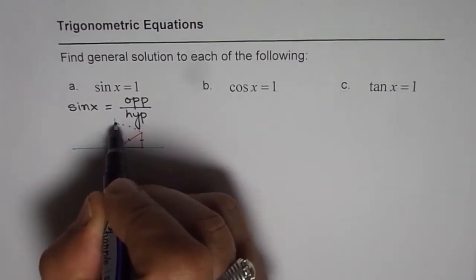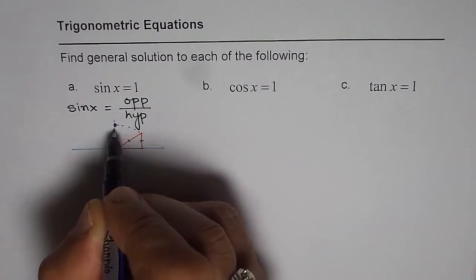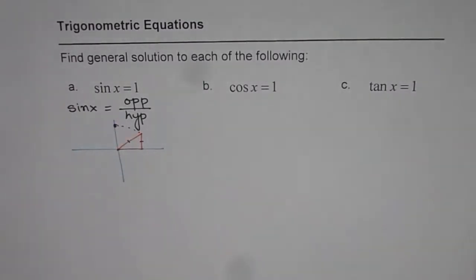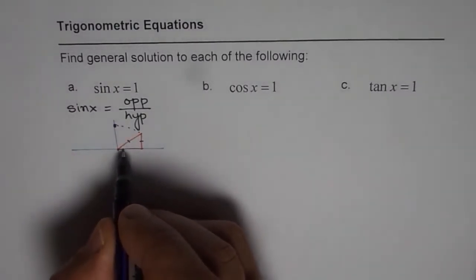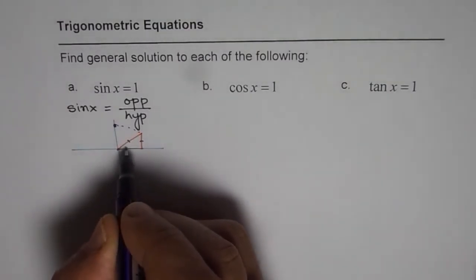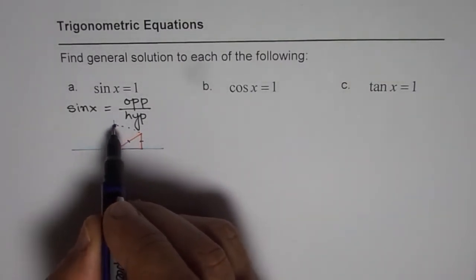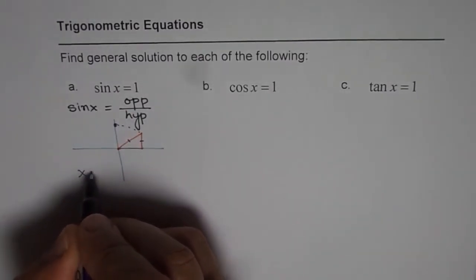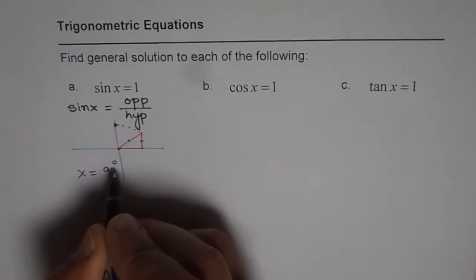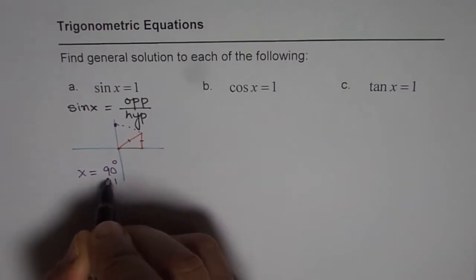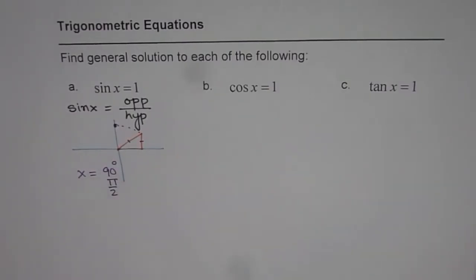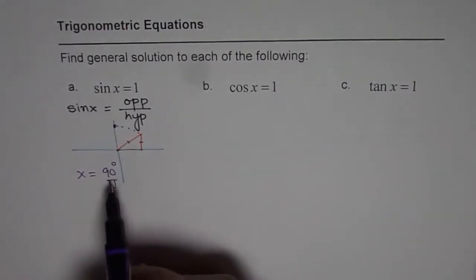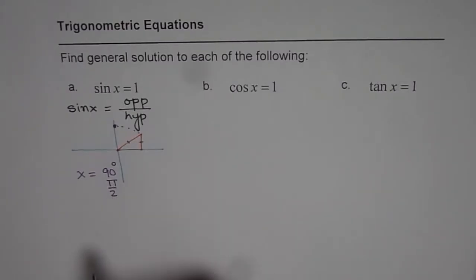So when you are on the y-axis, only then is the opposite side equal to the hypotenuse. Therefore, in 360 degrees, or one full circle, there is only one possible solution, and we say x equals 90 degrees, or x equals pi by 2. So these are the solutions in degrees or in radians.